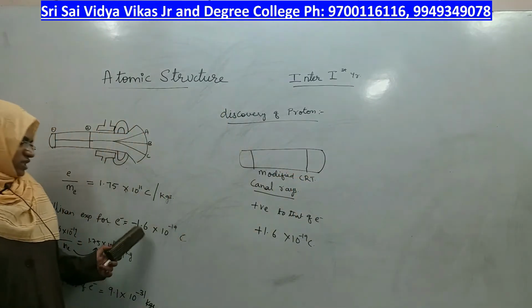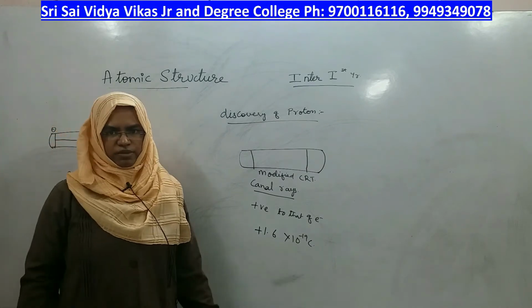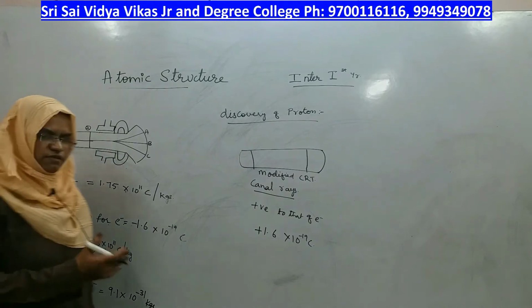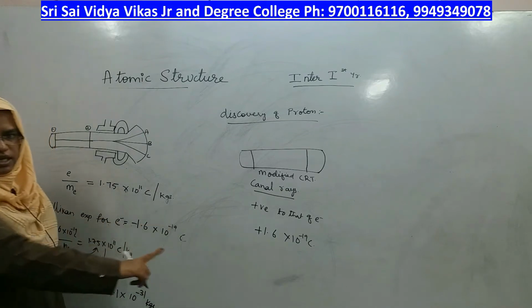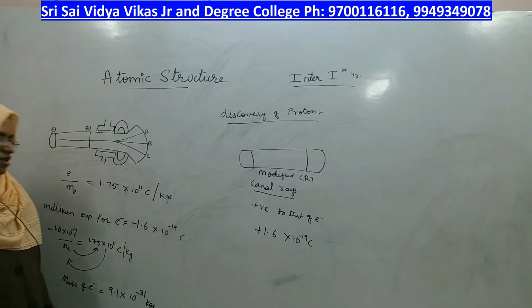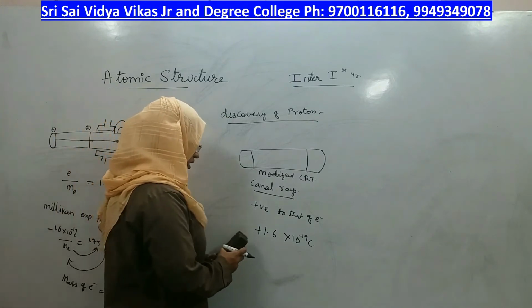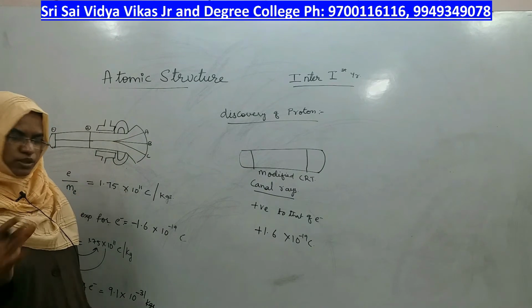Therefore, if the charge for the electron was minus, the charge for the proton will be plus, and the value will be the same for both, right? Mass will be different because the proton has a different size and shape, right? But the charge for proton and electron is exactly the same, having opposite signs, right? And the behavior of electron and proton is also opposite to each other.